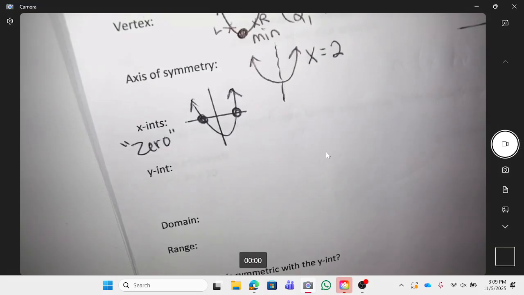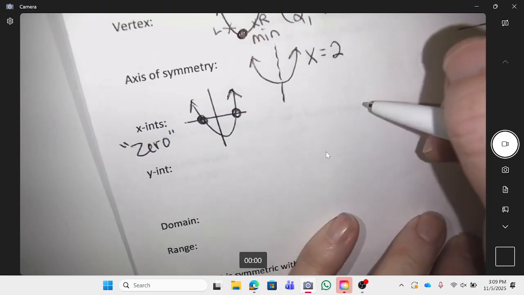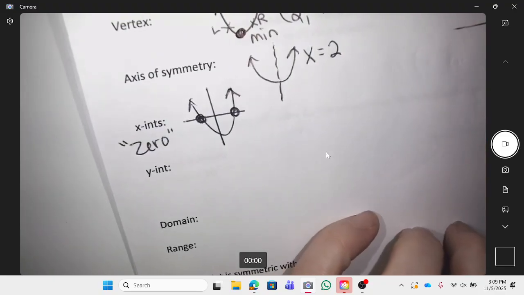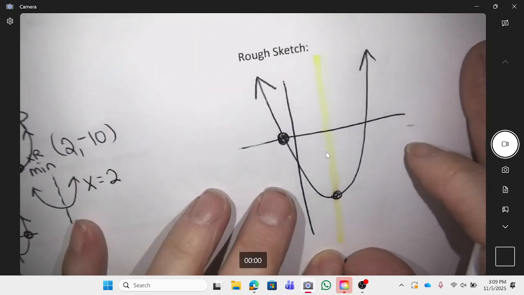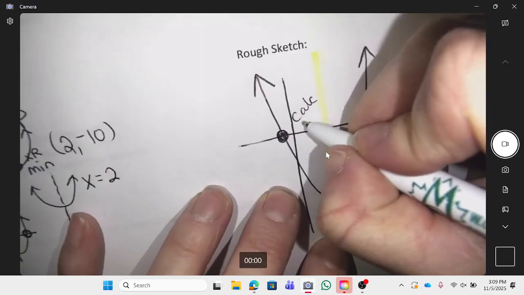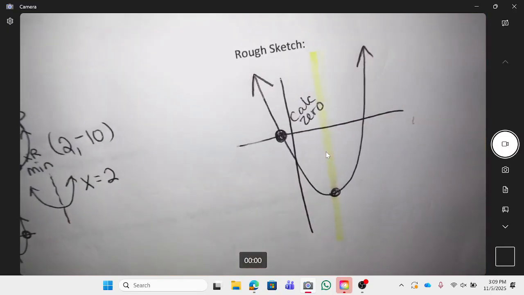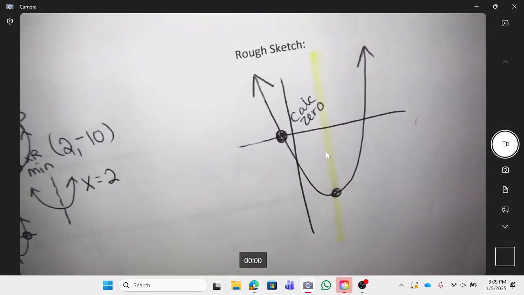Okay, we're going to do this with our calculator. Our calculator is going to figure it out for us. So I'm going to tell you this. If I find this one, I'm going to calculate a 0. Okay? Don't do it first. Let me do it. And it's going to do the same thing as the vertex.